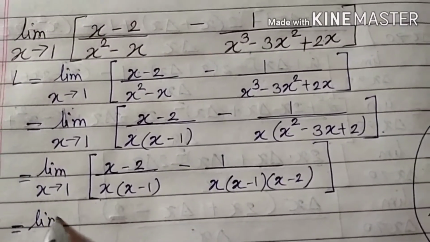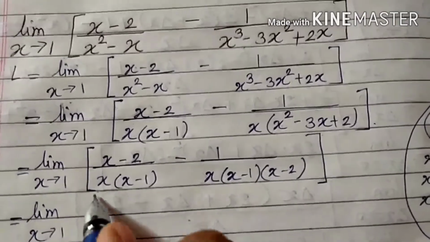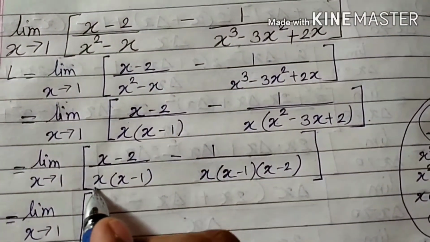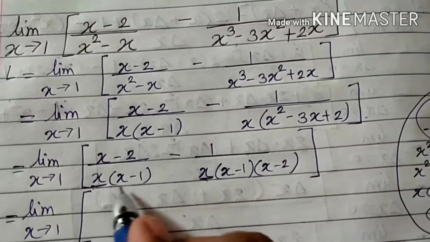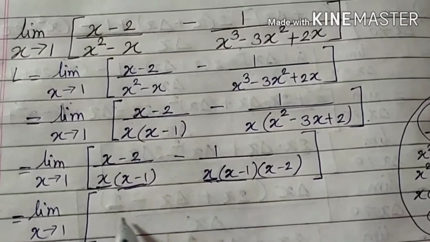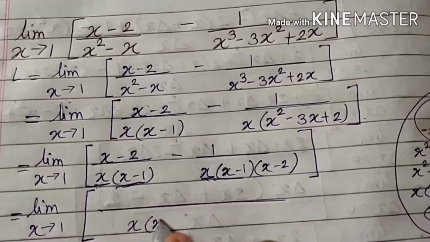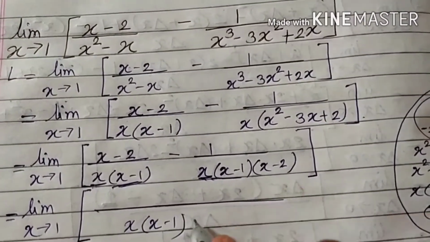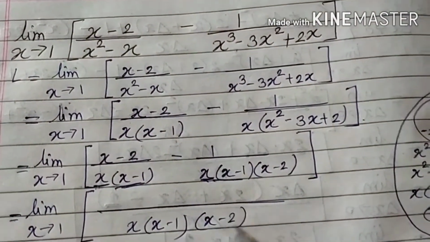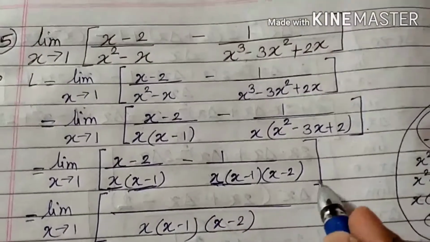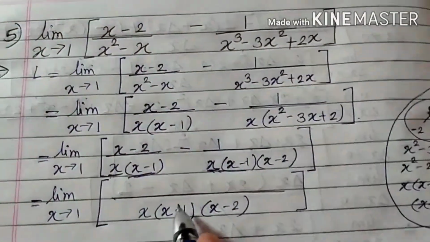Now take the common denominator. So this 1 and these 2 terms are common. So write only 1, x minus 1, and write the remaining terms. Don't write 2 times, it's enough only 1 time.